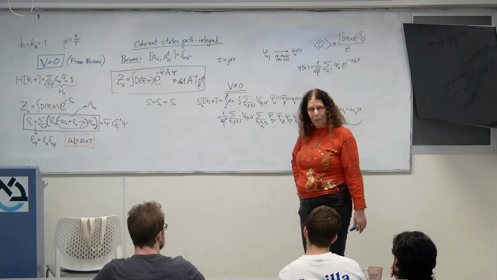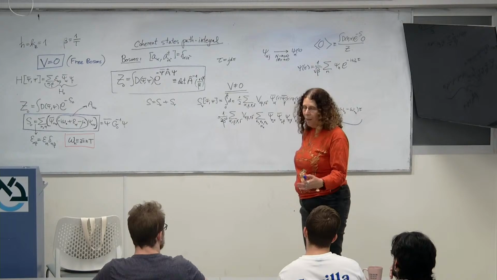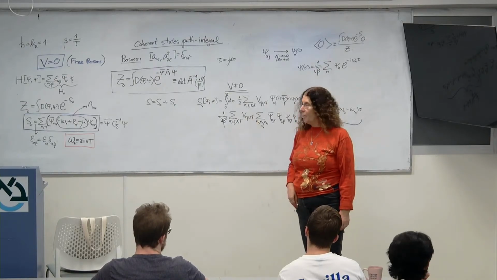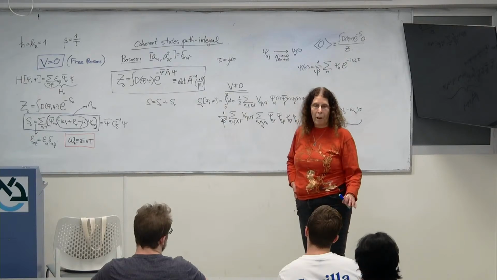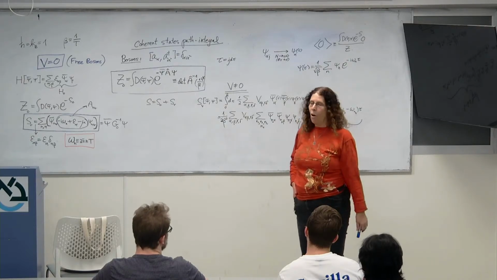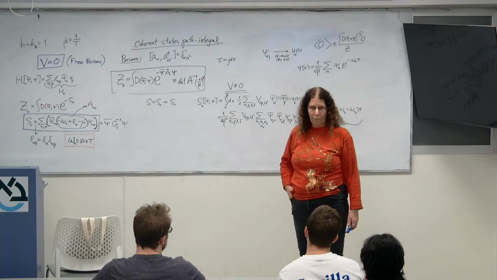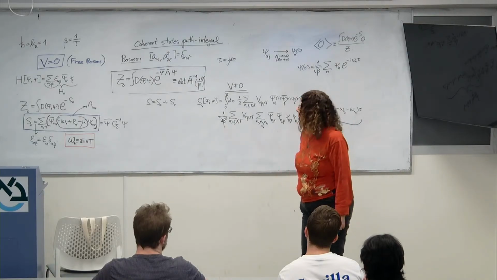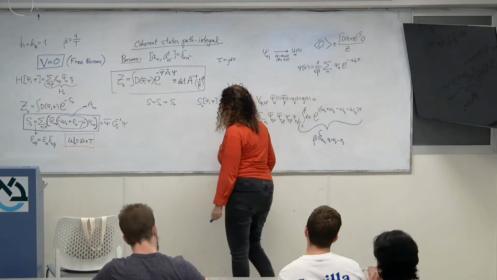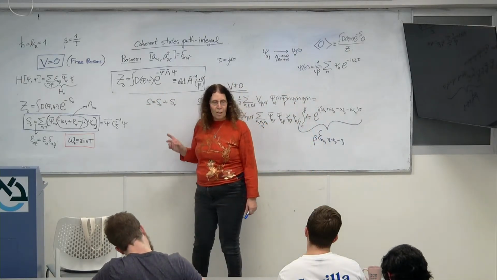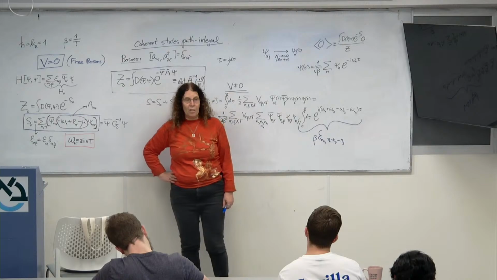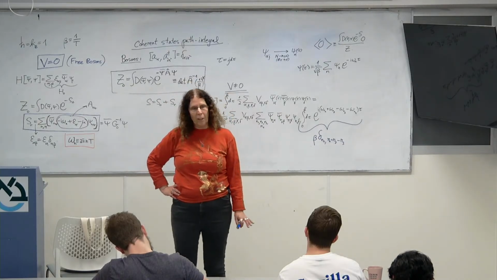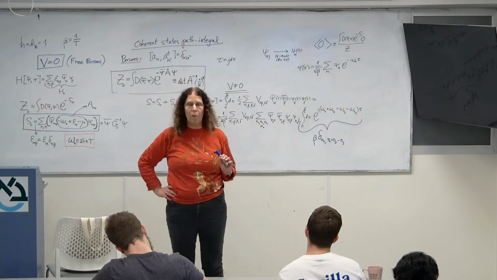So what do we do with them? Either we have some special model that is exactly solvable, very rare, or we do perturbation theory. But the nice thing about the path integral is that we can do perturbation theory and we don't need to stop at the leading order.